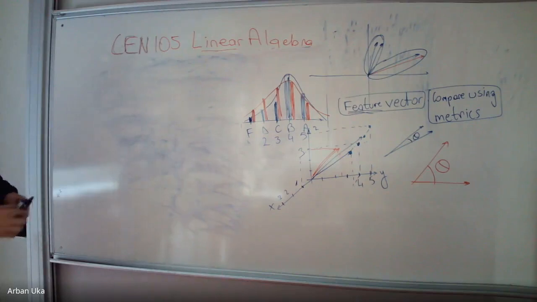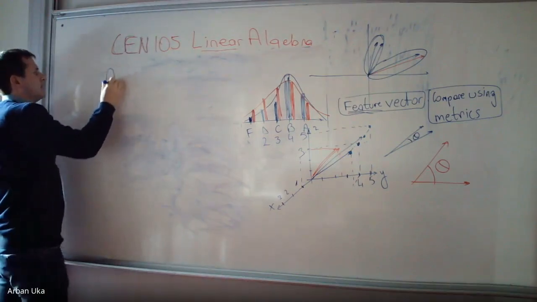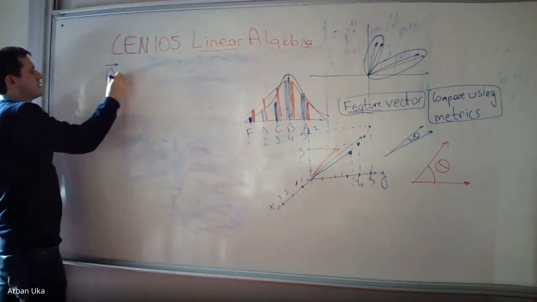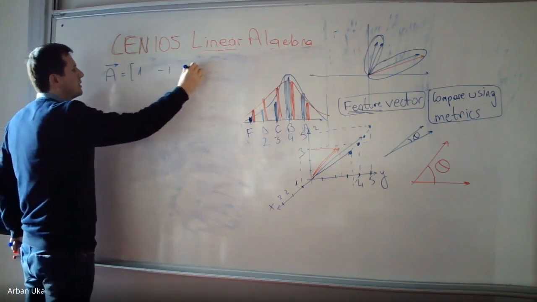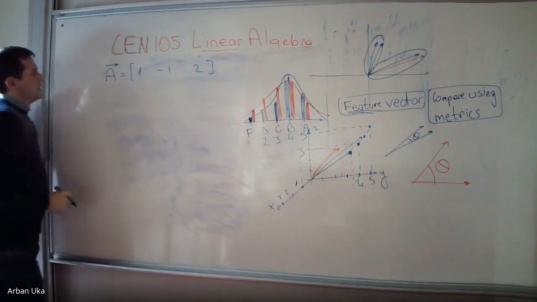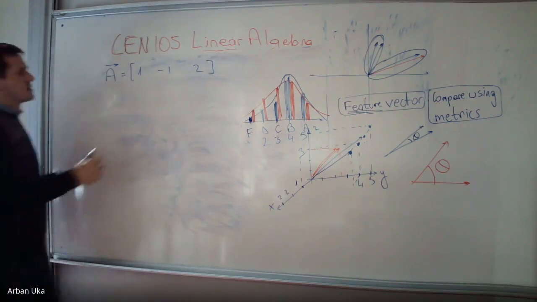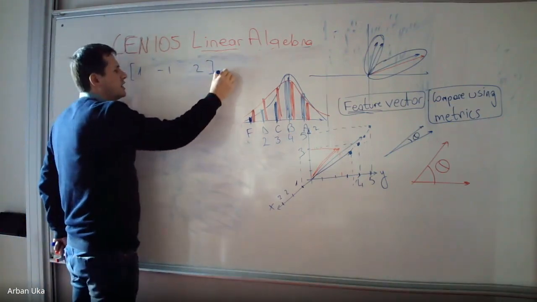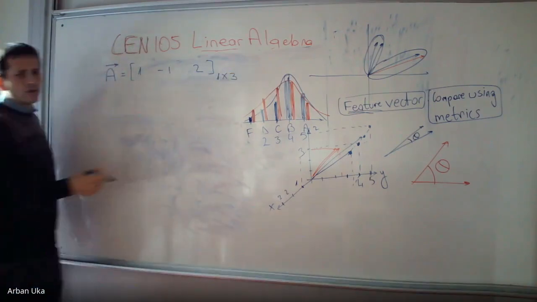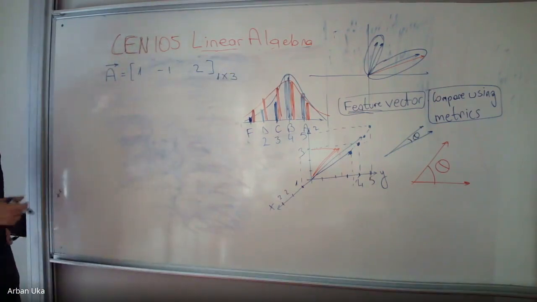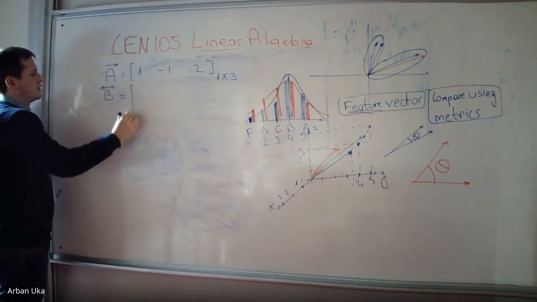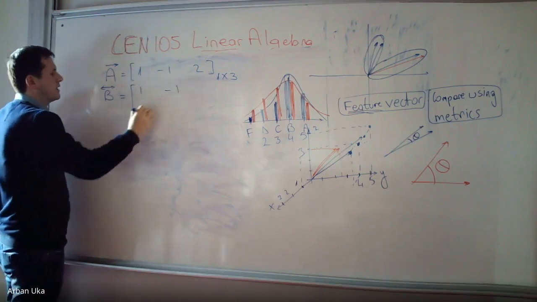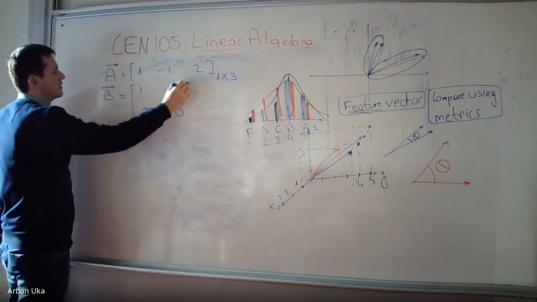Let's assume that this is a vector A, which has values of 1, -1, and 2. This is composed of 1 row and 3 columns. We're going to talk more in detail about this. And then we can have another matrix B, which we can denote as 1, -1, 2, 0.